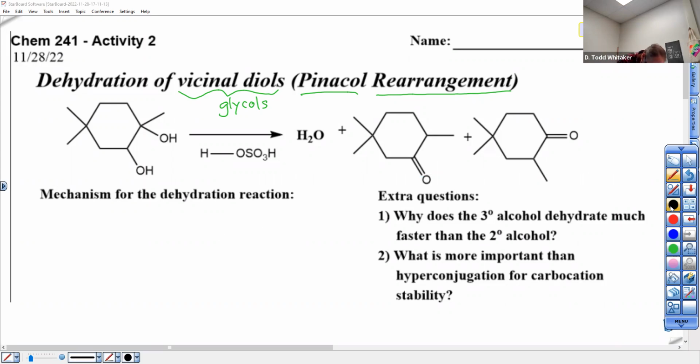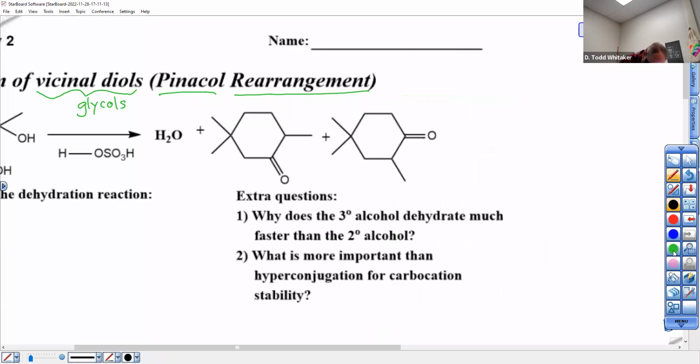Question 1. Because a tertiary C+ has more hyperconjugation than a secondary C+, it will form faster.